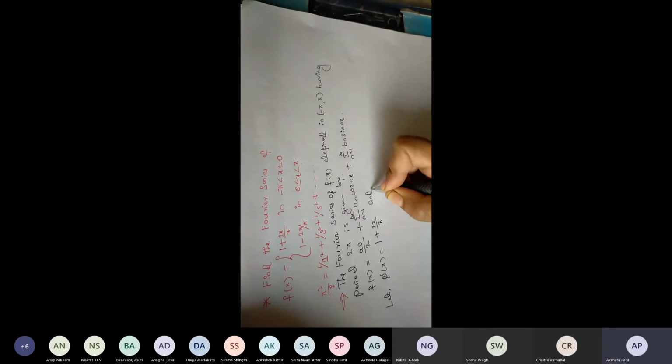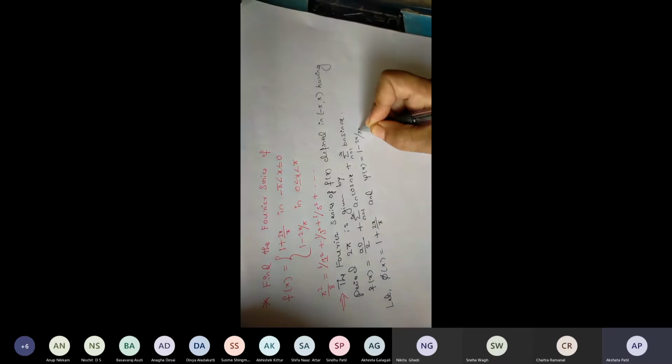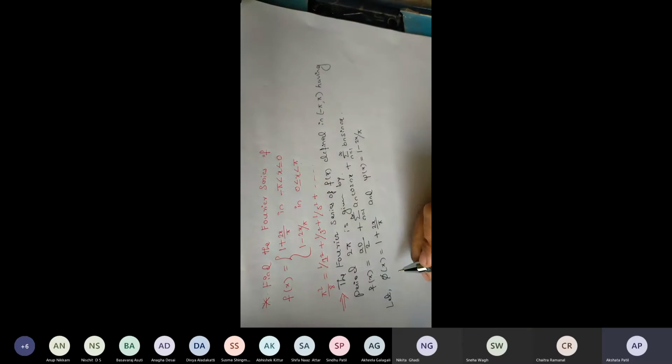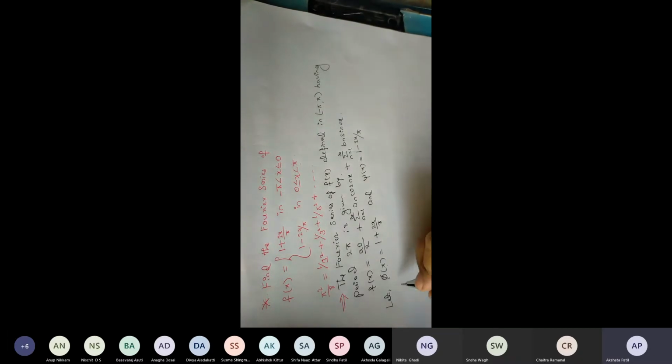Let phi of x equal 1 plus 2x by pi, and the second function is considered as psi of x, so psi of x equals 1 minus 2x by pi. To check even and odd function, in the first function x is replaced by minus x, because it is defined in the interval minus pi to pi.